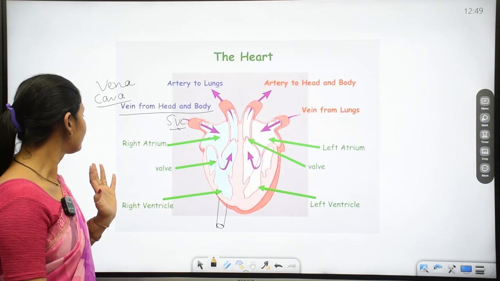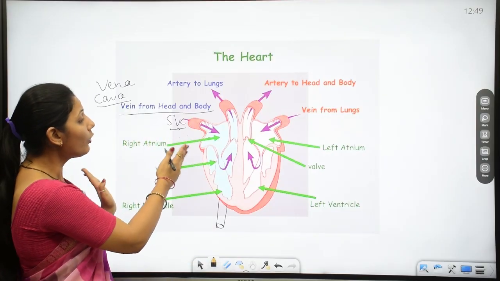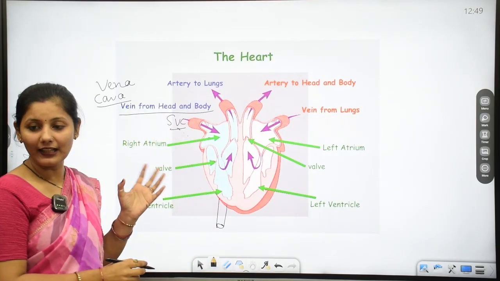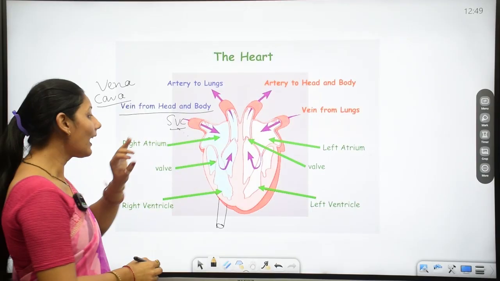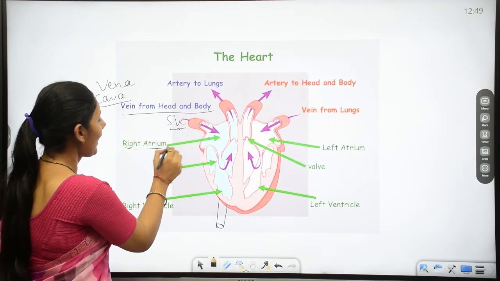Now, with the help of vena cava, the blood moves inside the right atrium.